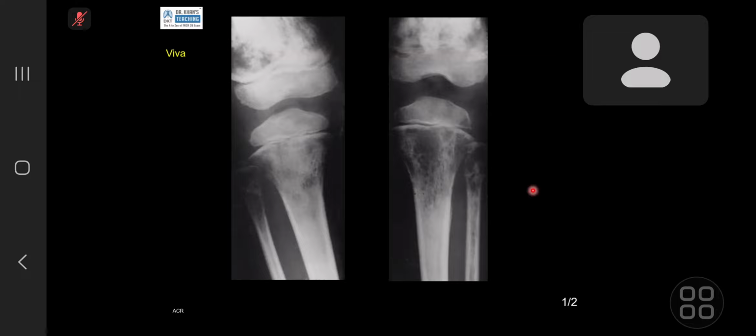This is a bilateral knee radiograph. I can see mixed lytic and sclerotic changes in the medullary cavity associated with the physeal irregular shape and reduction in the size of both physes of the tibia.